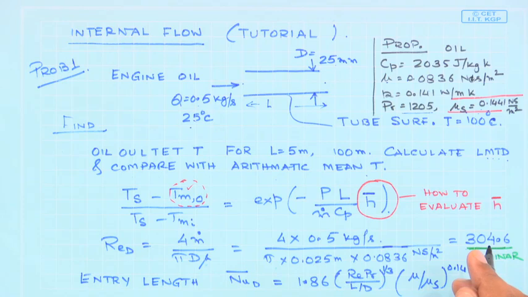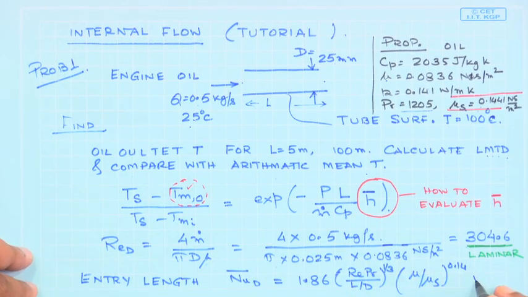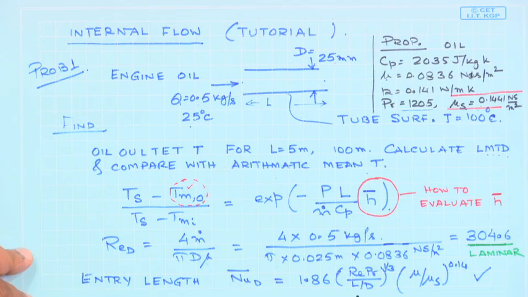That is the standard relation which we have used for the case when entry length is significant. So, the Sieder-Tate equation, which takes into account the variation of viscosity between the bulk and the tube wall temperature, that Sieder-Tate correlation is modified for when we have to consider entry length as well. So, this is the relation which we are going to use.